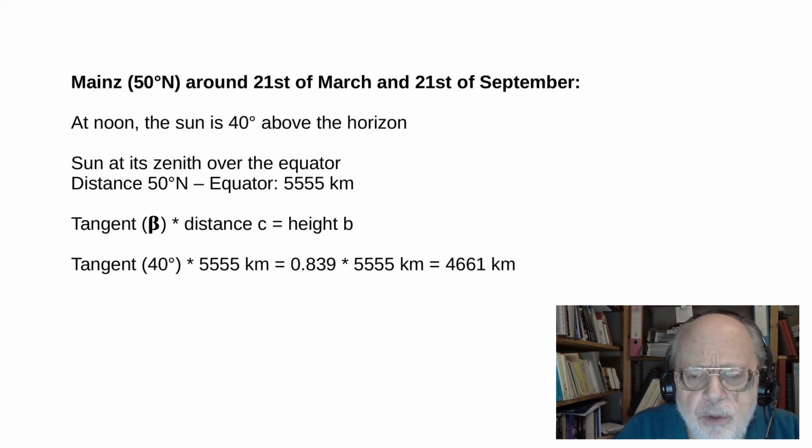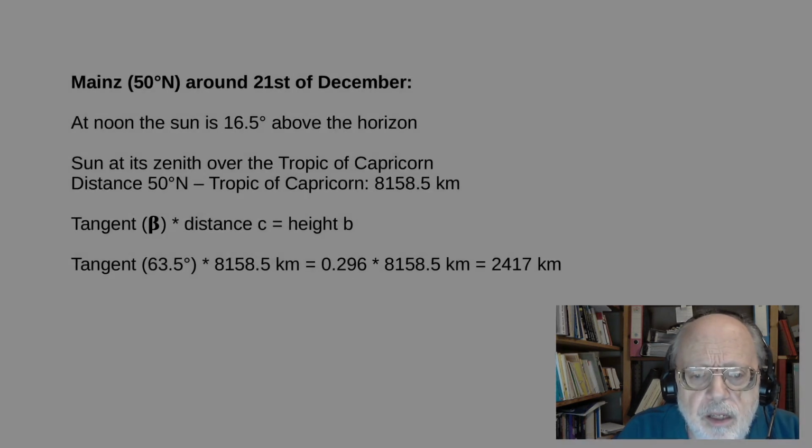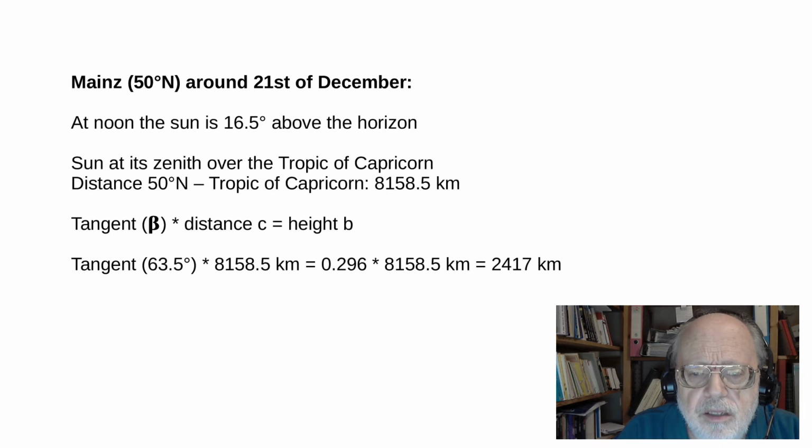We have two other important dates we can use for calculation. At the solstice on December 21st, when the sun is in the zenith over the Tropic of Capricorn in 23.5 degrees south, the sun in Mainz will be at 16.5 degrees above the horizon at noon. The tangent of 16.5 degrees is 0.296.